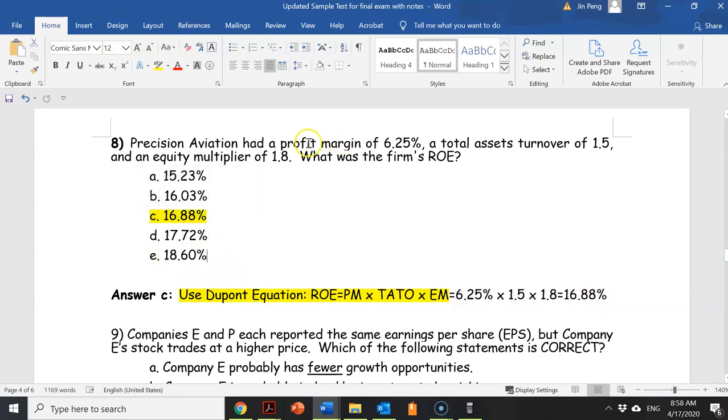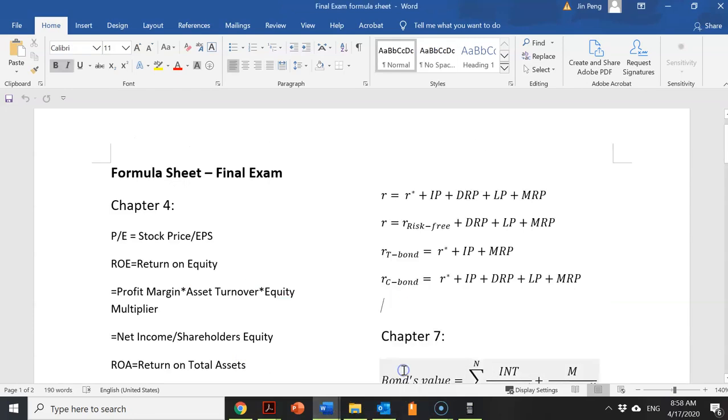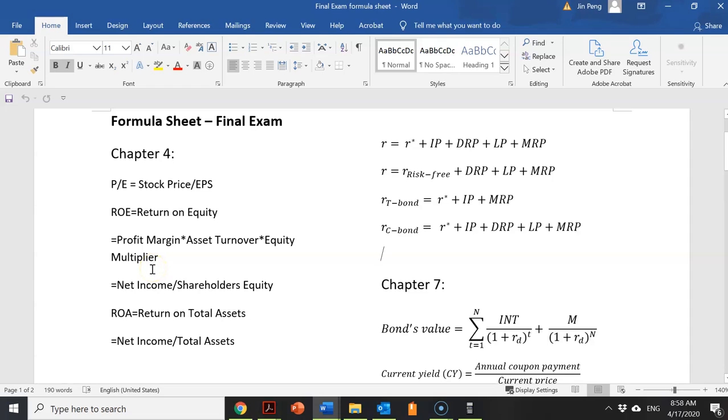Okay. If you don't remember this DuPont equation, again, you can go to our formula sheets in chapter 4. Here you can see ROE is return on equity. It is, by definition, net income divided by shareholders' equity. It is also profit margin PM multiplied by total assets turnover, TATO, multiplied by equity multiplier, EM.